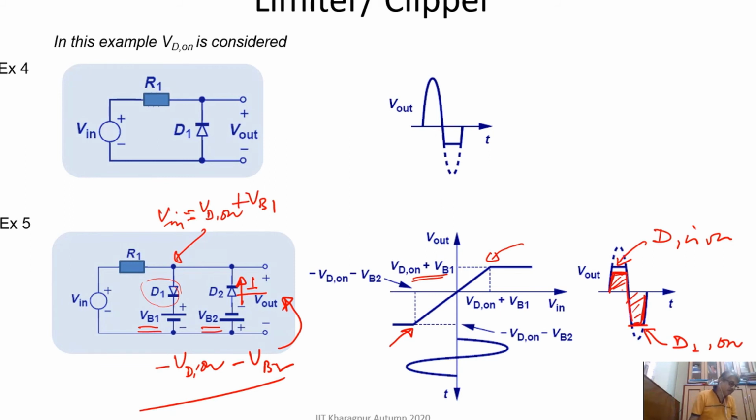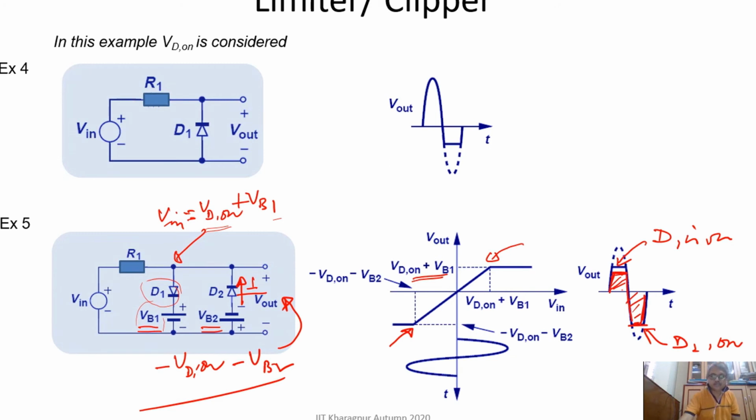When both the diodes are off, the input signal comes to the output. When one of the diodes is on, depending on which diode it is, you will get at the output that diode's VD on and the corresponding supply voltage. In case of D1 you will get VB1, in case of D2 you will get VB2 along with the VD on, okay. I hope again this is understandable to you.